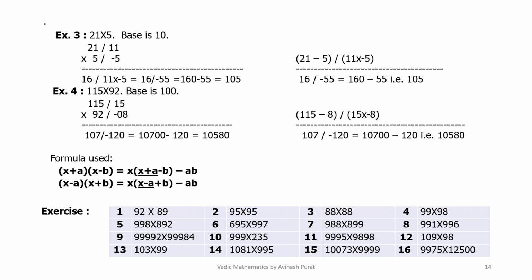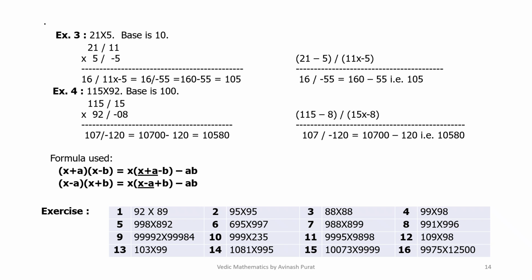Mentally 115 minus 8 stroke 15 into minus 8 equals 107 stroke minus 120 equals 10,700 minus 120, that is 10,580.